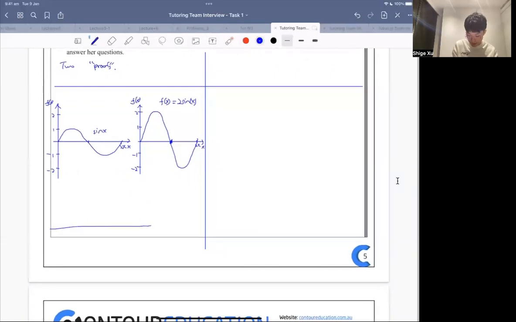Now let's look at a dilation from the x-axis. This time it will be f of x equals sine of 2x. So now we are dilating from the x-axis. The graph of it will look something like this.